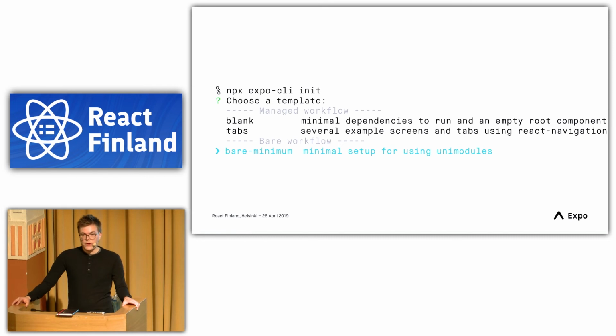When you choose the bare minimum project, what you get is a project similar to what you would get from running react-native init, which is the command to create a default React Native project. So you get the same project, but with the configuration for Unimodules added. And then you can npm install any Unimodules that you want.